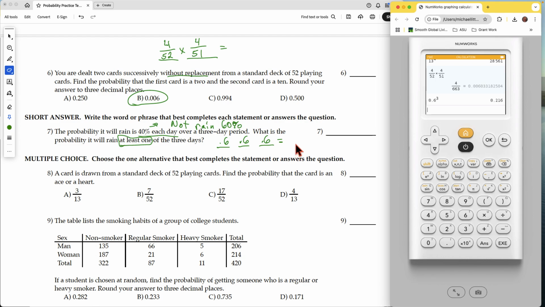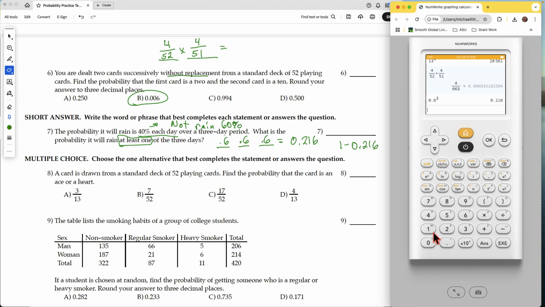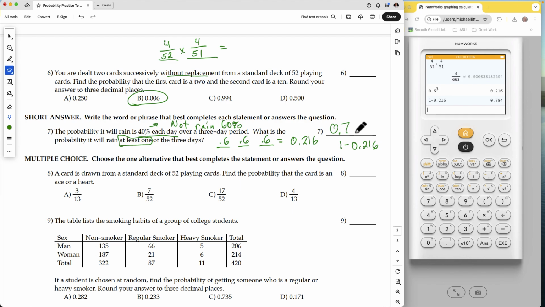We get 0.216, so about 21%. This is not what we want. That's the complement of what we want. So then we take 1 minus 0.216. So 1 minus the answer, 0.784. Probability it rains on at least one of the days.